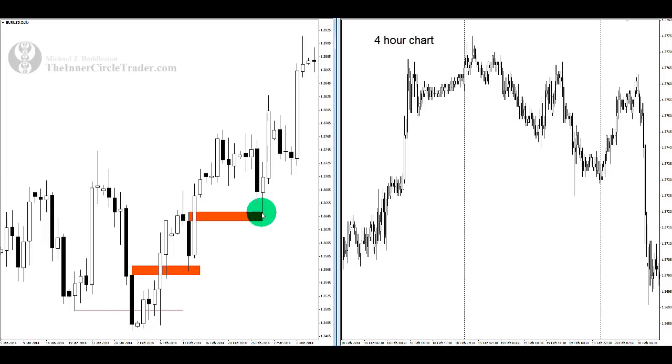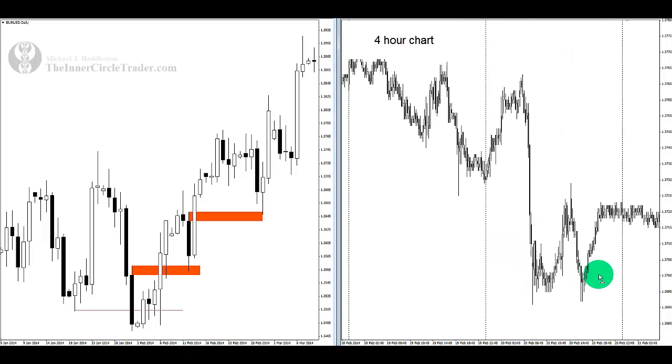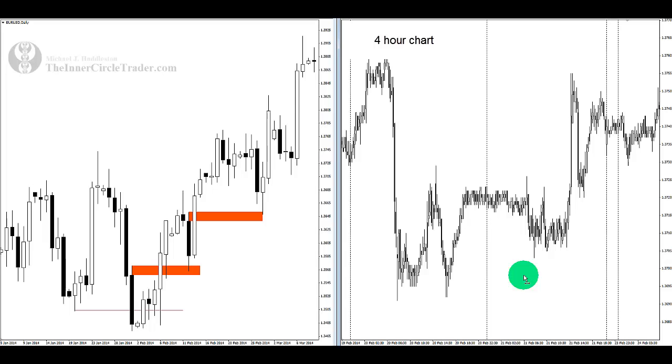You see that? Down into the range. We're dipping down into it here. 136.50 is what we would expect. The low on this candle is 136.48 and the high on this candle is 136.51.